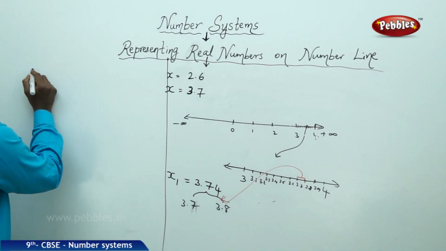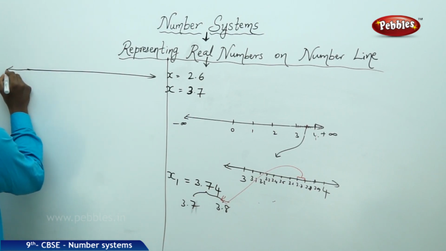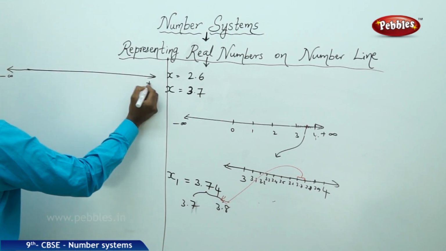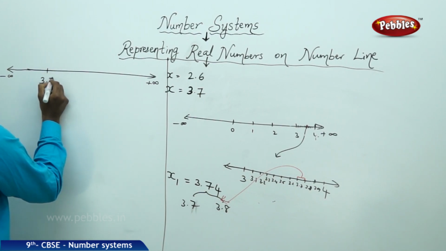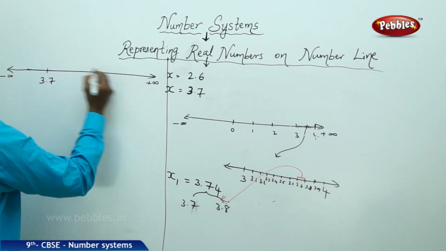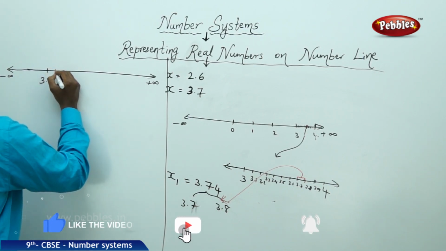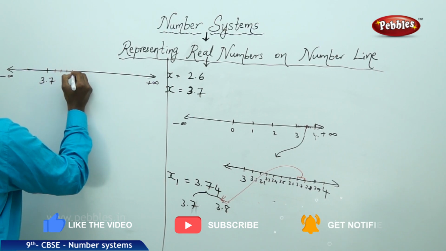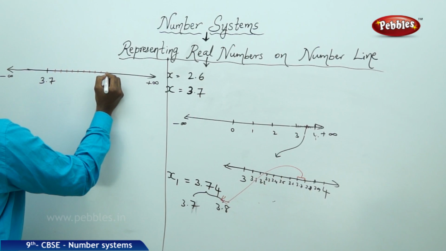So we get minus infinity to plus infinity, I take 3.7 and 3.8 and I subdivide this into 10 different intervals: 1, 2, 3, 4, 5, 6, 7, 8, 9, 10.